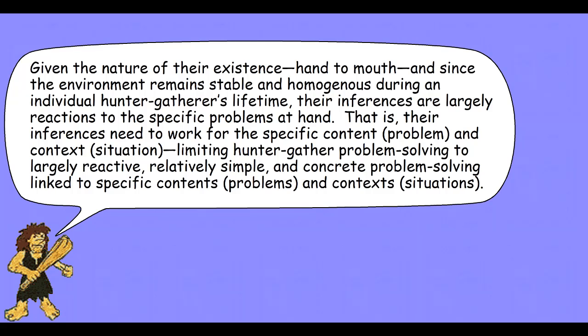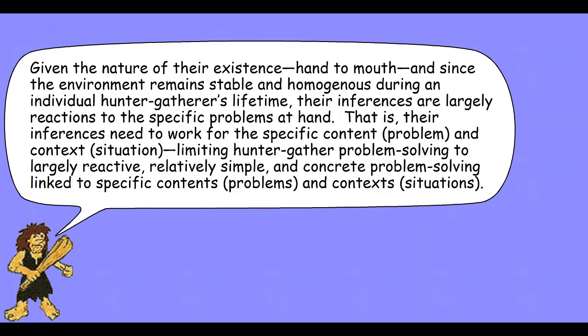Now, when we think about it, given the nature and the existence of humans and proto-humans for that 4.4 to 7 million years, we're talking about hand-to-mouth existence, spending 1,000 calories to get 1,000 calories. The environment is remaining stable, it's relatively homogeneous during their relatively short individual lifetimes. And so their inferences are largely reactions to specific problems at hand. No proto-human is worried about investing money in their 401k for retirement.